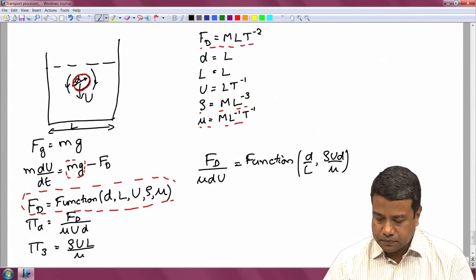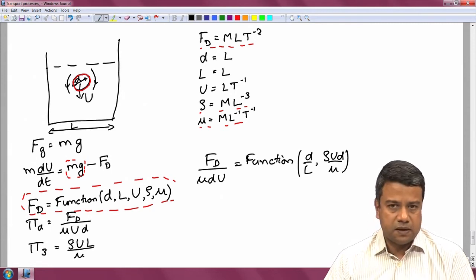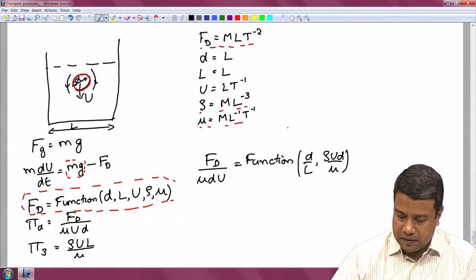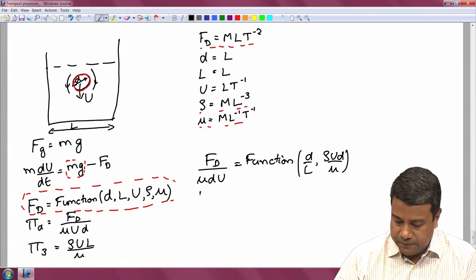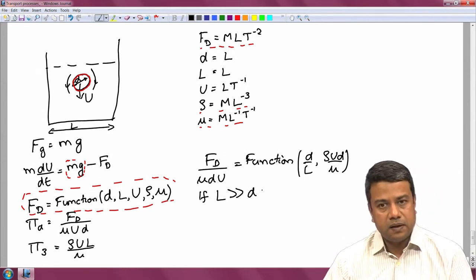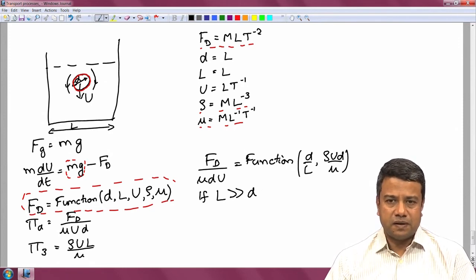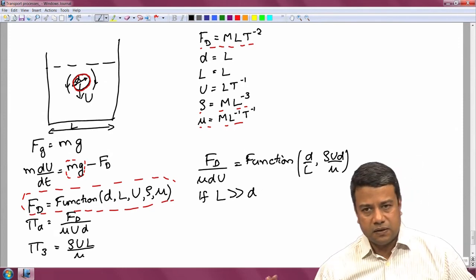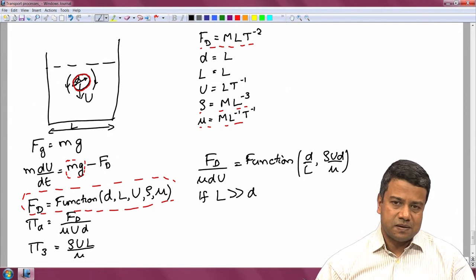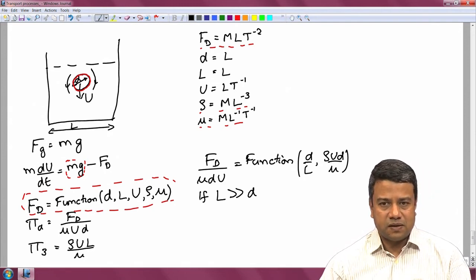Now, if the tank is much larger than the particle diameter, if the length of the tank is much larger than the particle diameter, then you would think that the size of the tank does not really matter. If you have a particle of about a millimeter settling in a tank, whether it is 1 meter or 10 meters, it does not really matter.